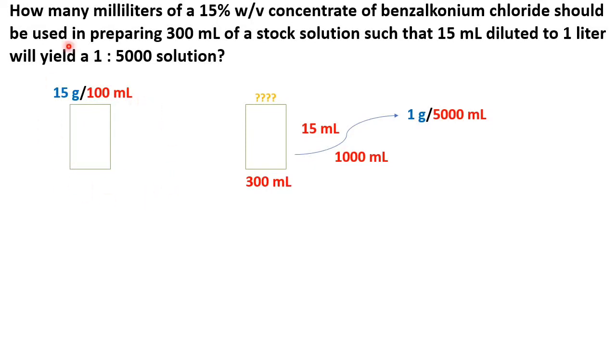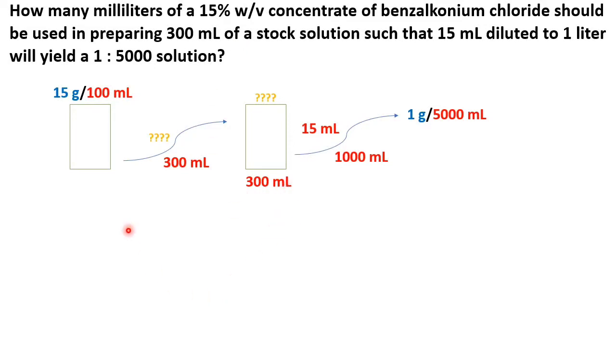Okay, and this stock solution or concentrate would be diluted to make 300 ml of this solution. So what we need to know is how many milliliters would be taken from this concentrate to prepare 300 ml of this solution.